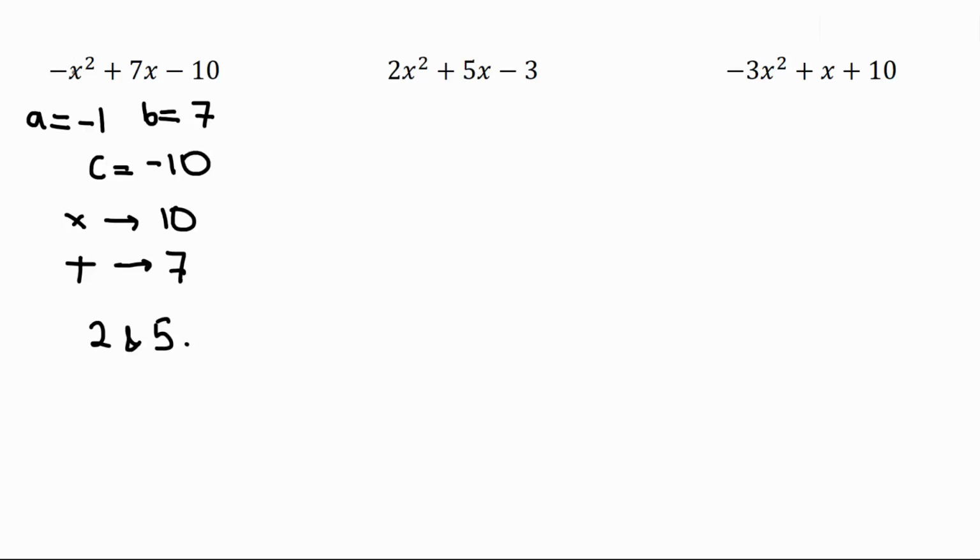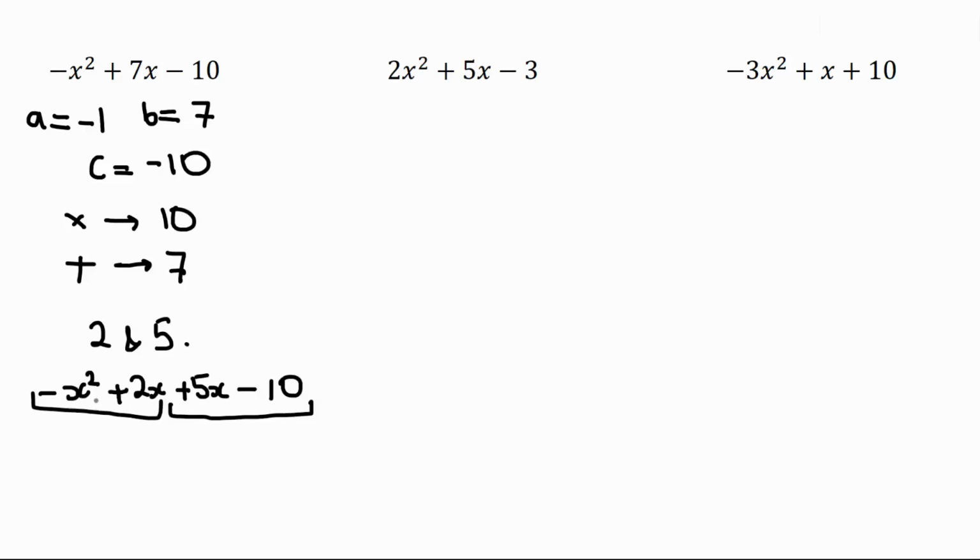And before we actually do anything, we're going to have to split up this term here. So minus x squared, remember this negative sign here, plus 2x plus 5x minus 10. And just as before, this and this.